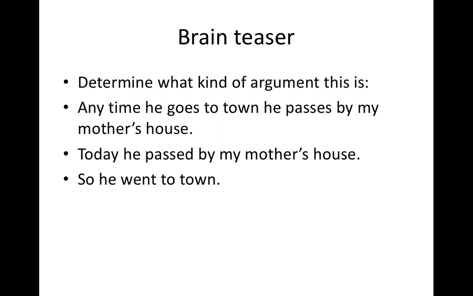Okay, so the first thing, what is the major premise? Is it anytime he goes to town, or is it today he passed by my mother's house? Anytime he goes to town, he passes by my mother's house. Okay, so what is the antecedent and what is the consequent?